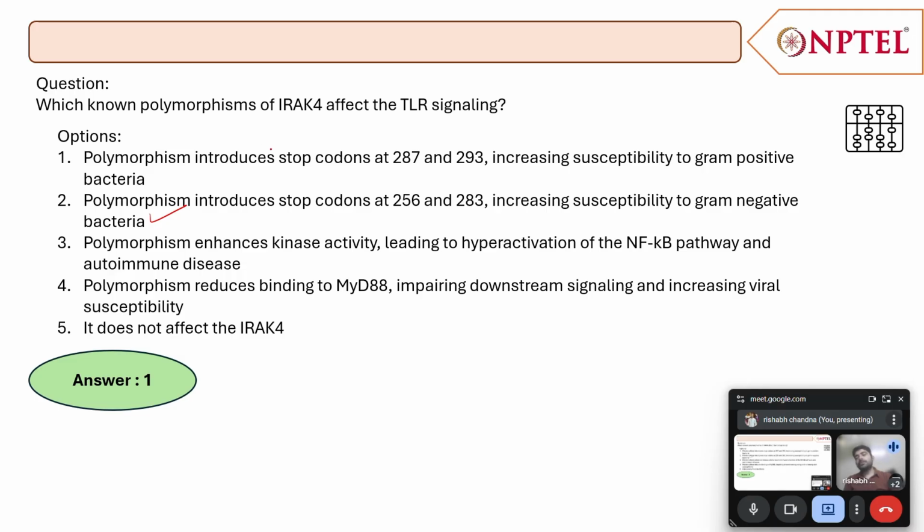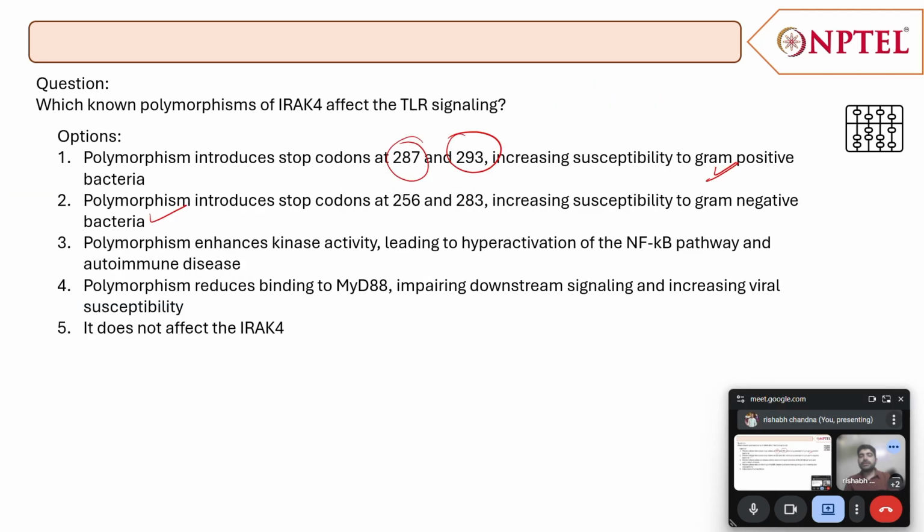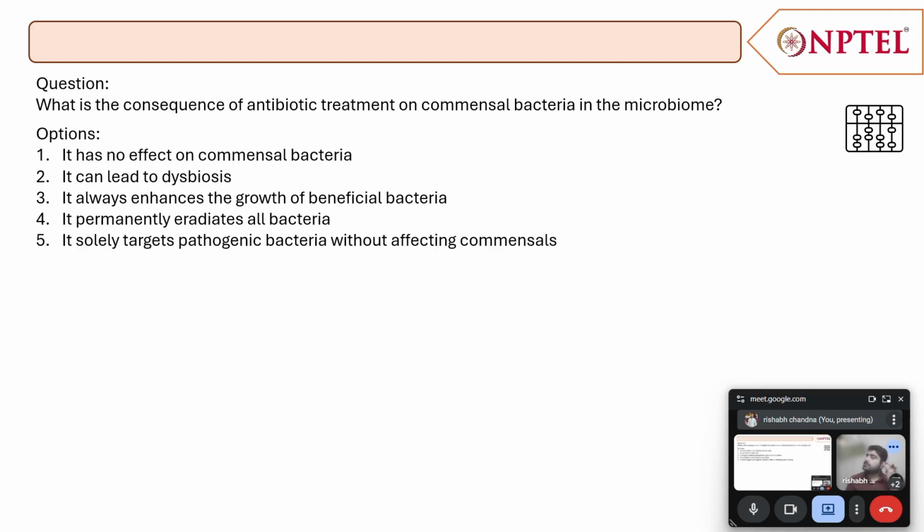The polymorphism introduces stop codons at 287 and 293 positions that increase the susceptibility to gram positive bacteria. So this was the polymorphism. It is not mentioned here, but yes, the correct answer is option number 1. Okay, so let's move on to the next question.